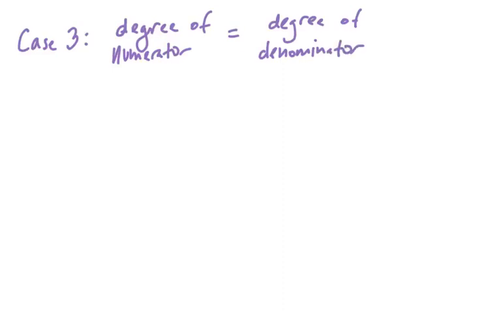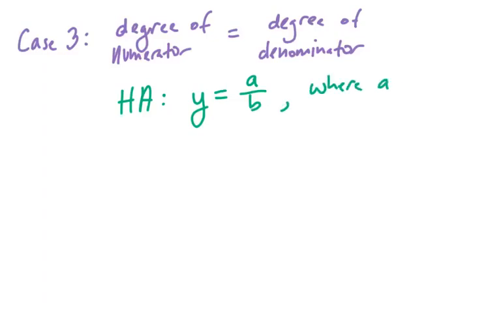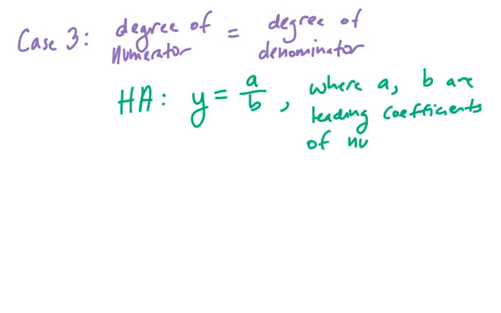And in this case, the outcome of the horizontal asymptote will be pretty easy to establish. I'll write it out as a little formula here, and then we'll do an example. So the horizontal asymptote in this case will always be A over B, where A and B are the leading coefficients, a term we're familiar with from Unit 2, of the numerator and denominator respectively.